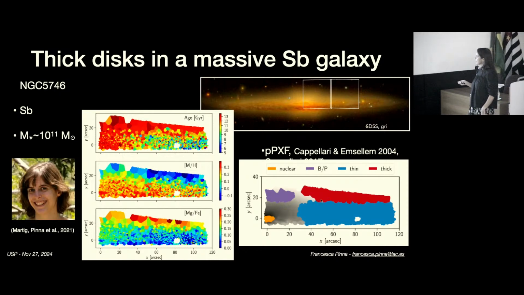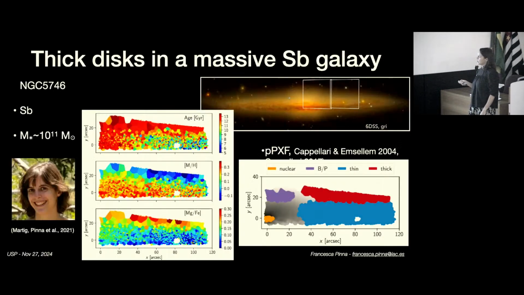So the thick disk is this red region here, and the thin disk is this blue region. If we compare this map with the stellar population maps, we actually realize that the thick disk is this old, metal poor, and alpha enhanced structure, while the thin disk, which is this region here, is much younger, metal rich, and close to solar values of alpha.